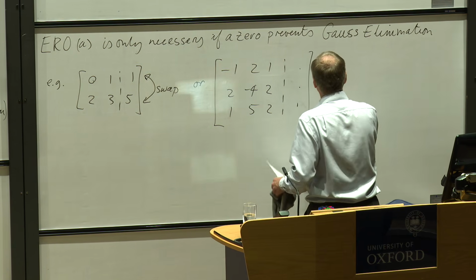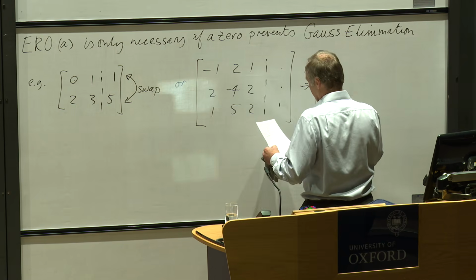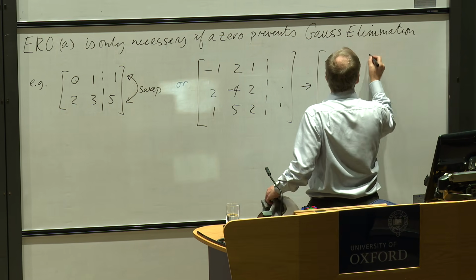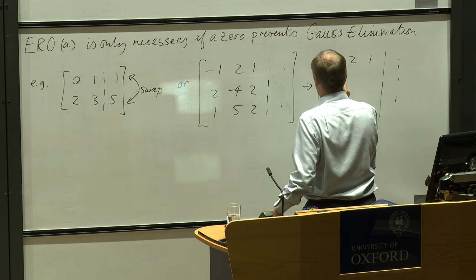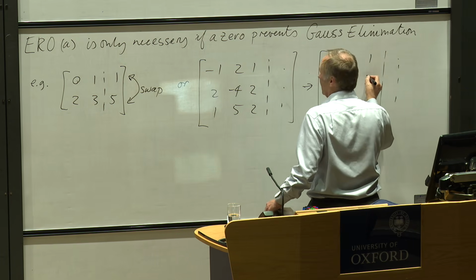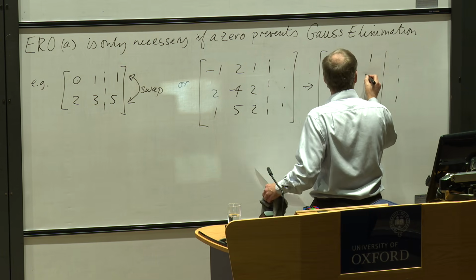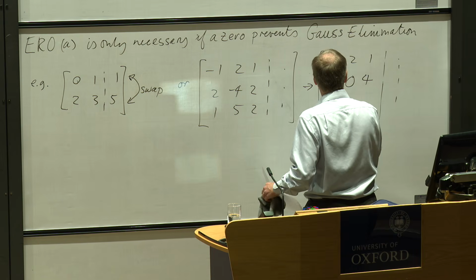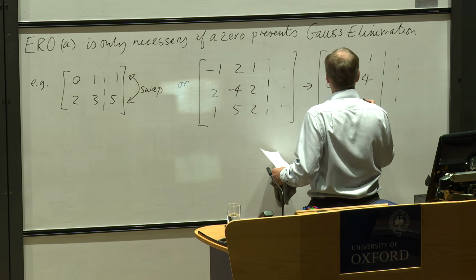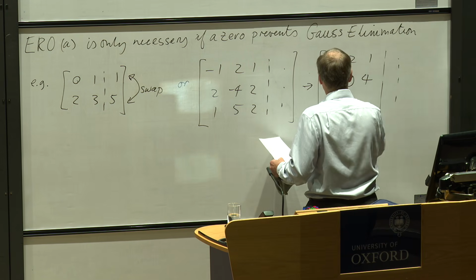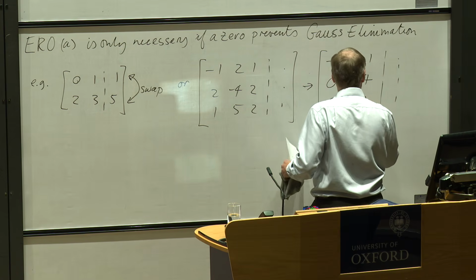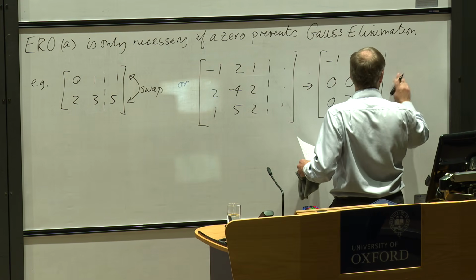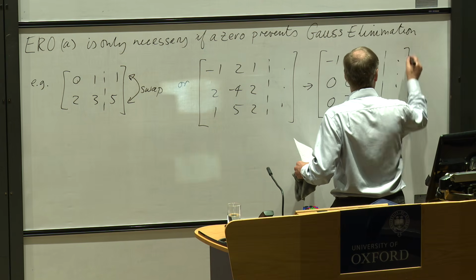If you do Gauss elimination, you go -1, 2, 1, something on the right-hand side, and then 0, and in this case, I think 4 and 1 and 5. Sorry, I've done the elimination here: 0 and 7 and 3, and something on the right-hand side. It doesn't matter what these numbers are.